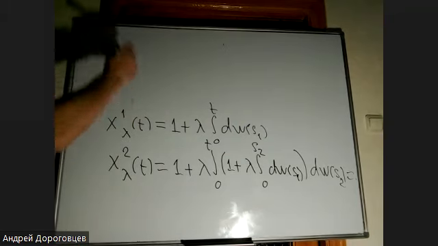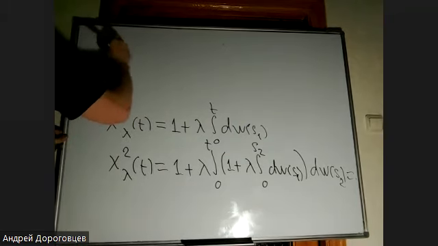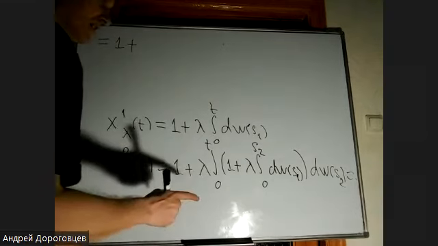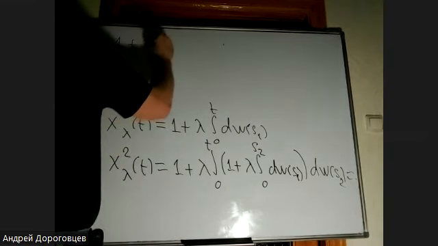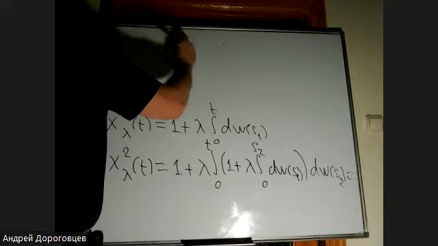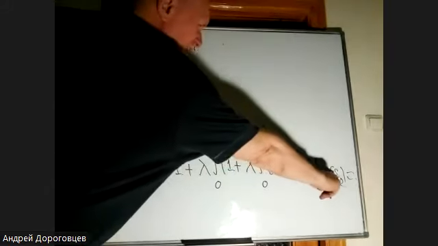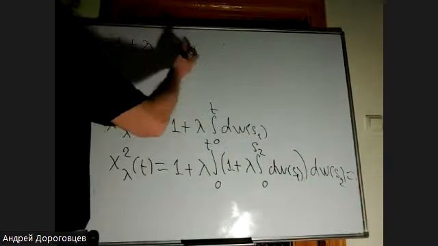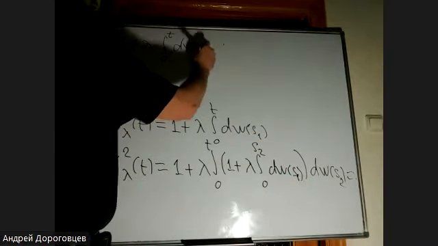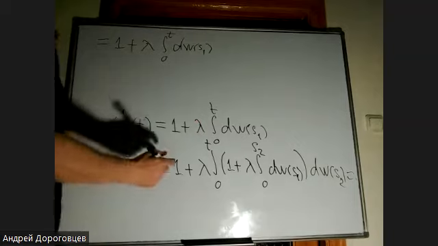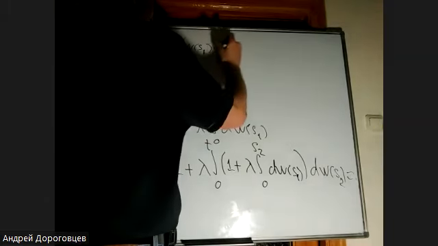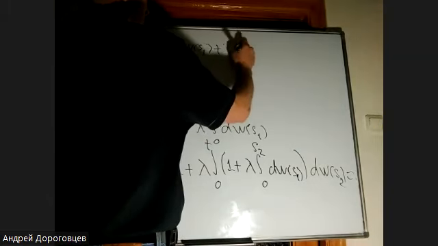I will get the following. 1 plus lambda integral from 0 to t dW. I must write here S2, but the index does not matter, so I will keep here notation S1, plus double integral lambda square.